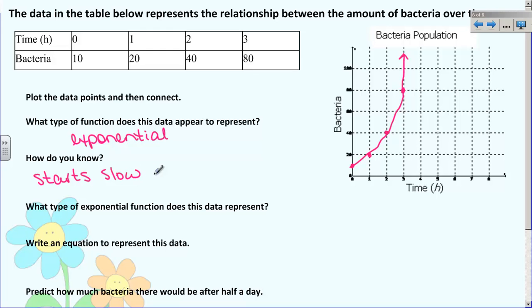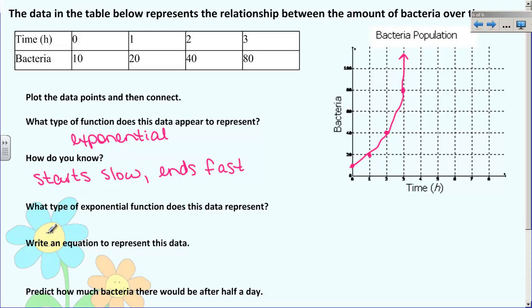So you see it is increasing slowly right here. It went from 10 to 20, and then 20 to 40, and all of a sudden it jumped 40 to 80. And so then it ends fast. So the rate of change is increasing very quickly, and it does not have a constant rate of change.